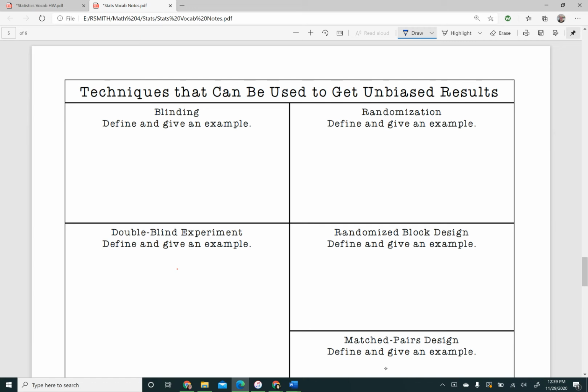So this is where subjects do not know whether they are receiving a treatment or placebo.